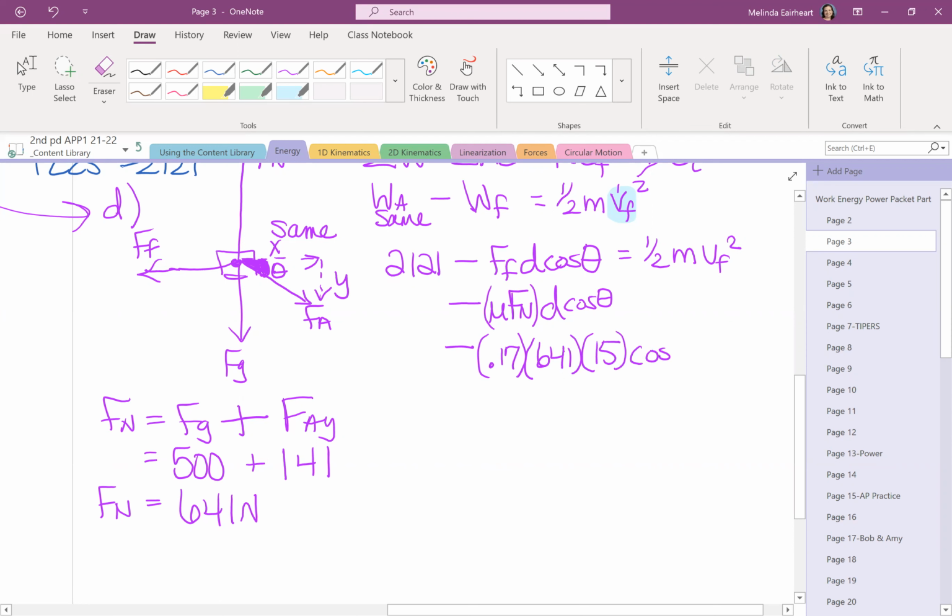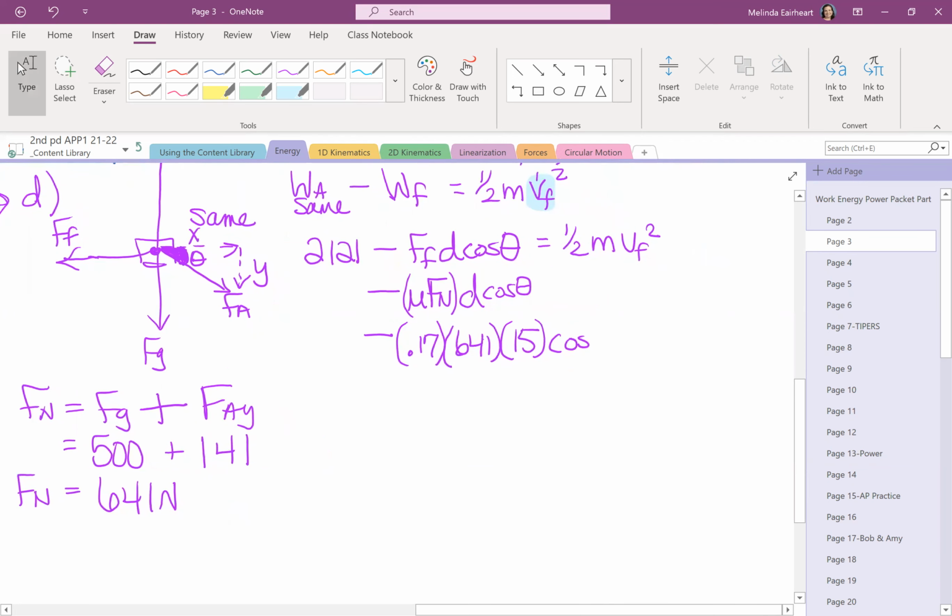Cosine, well, actually, here's where I talk about don't double negative. If I say cosine 180, it's going to come out negative, yes? But I already said friction did negative work. So you don't want to double negative, right?